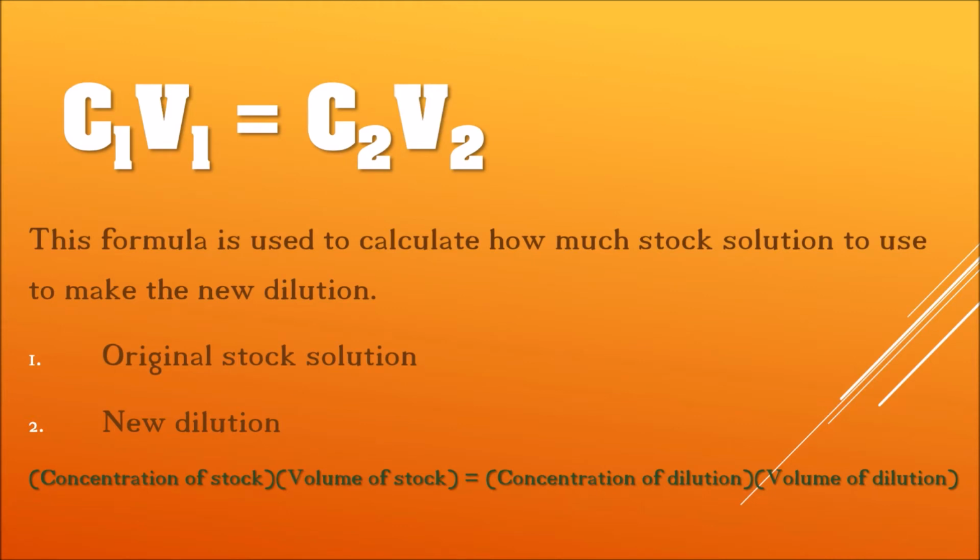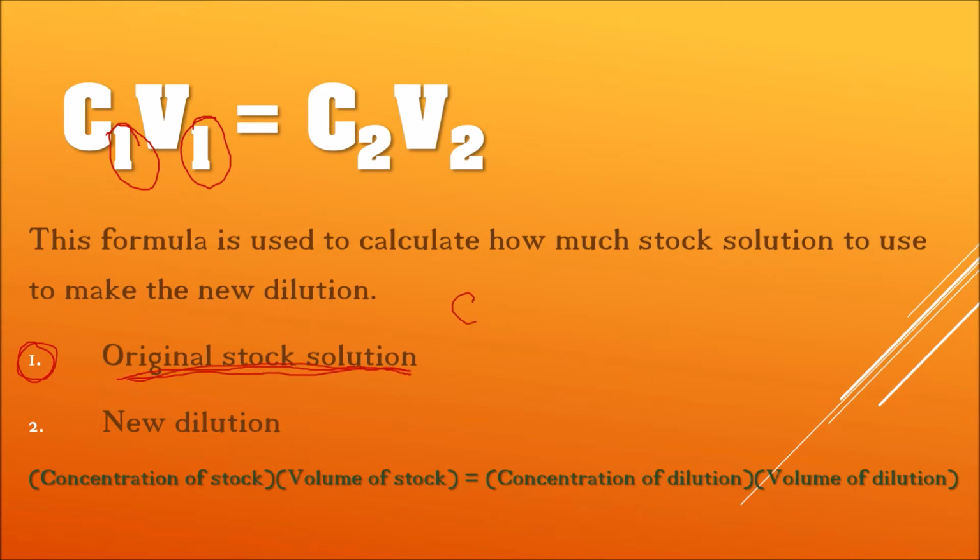So C1V1 equals C2V2. This formula is what we use to calculate how much stock solution to use, and by its concentration. The ones in C1V1 mean we're referring to the original stock solution.